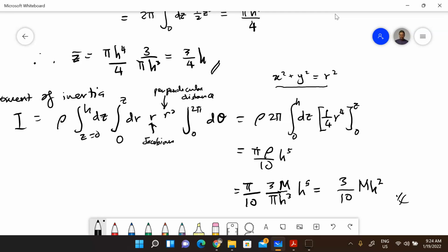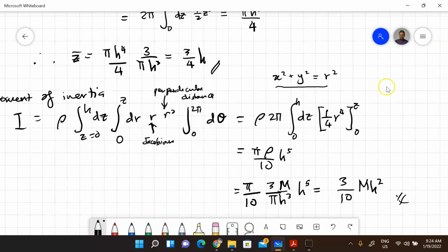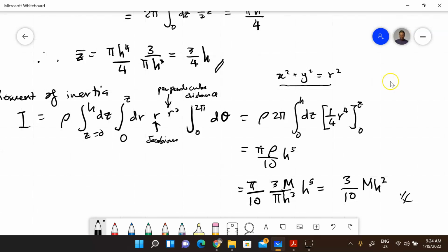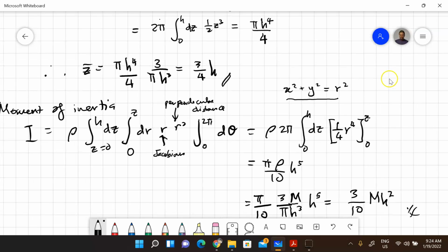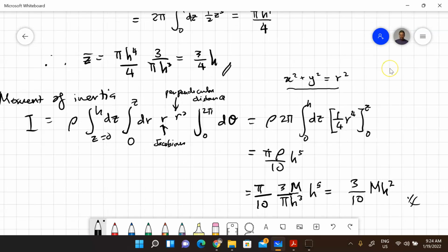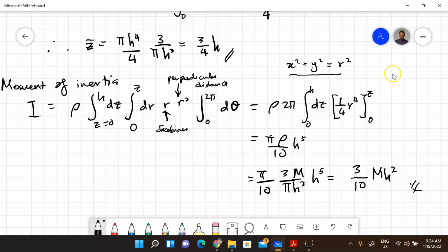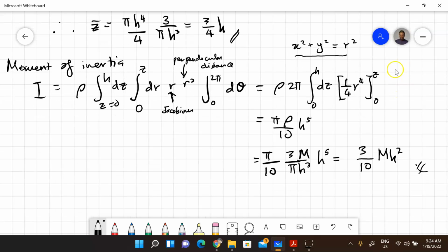Okay, so that is an example where, if you look at it, it probably looks a little bit complicated because it's an inverted cone kind of thing, but if you choose your coordinates correctly, in this case cylindrical coordinates, then things can get easier.